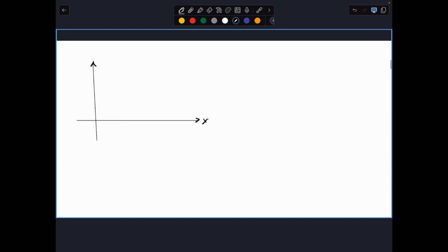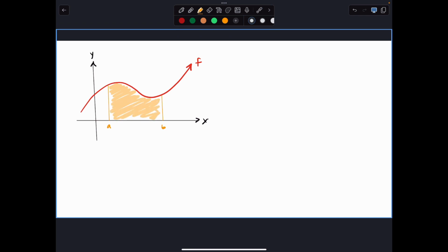So if we're in the xy plane, and we have some function here, and let's say that you were asked to calculate the area bounded by the curve on the interval from A to B, the area bounded by the curve and the x-axis.